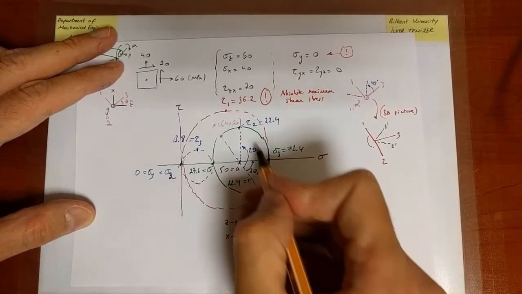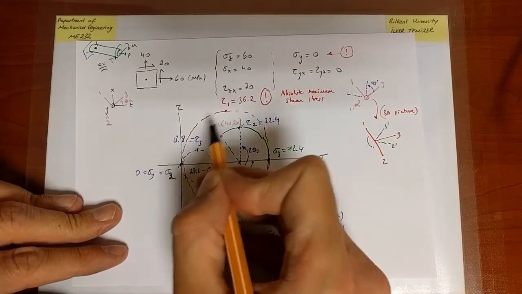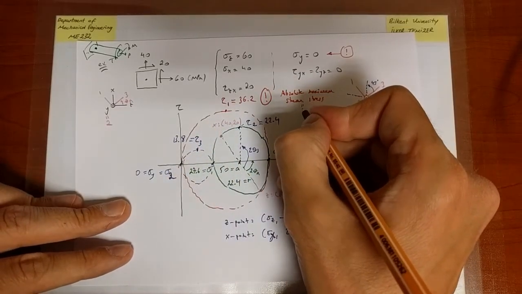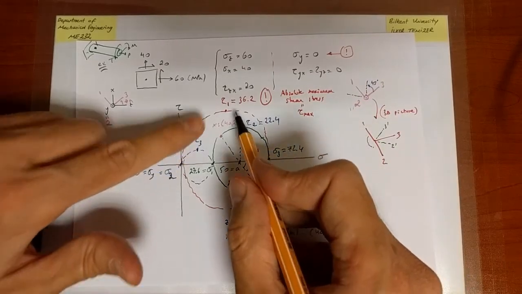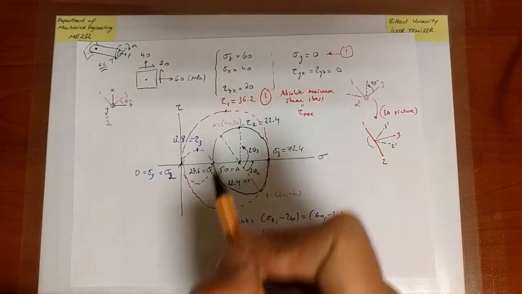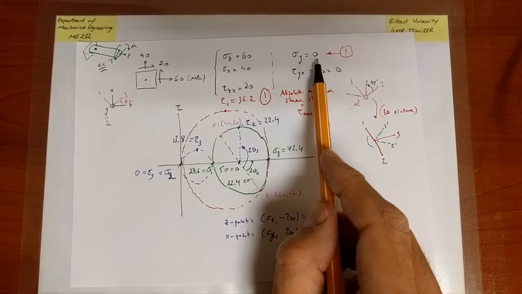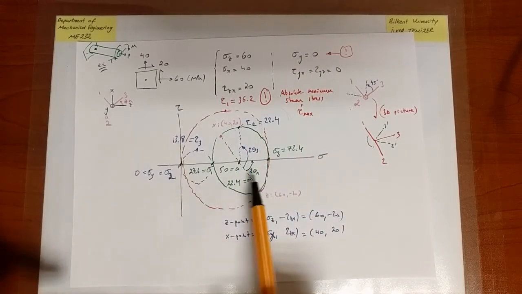So with respect to every rotation, there is an extremum or maximum value that we observe, but there is one that is the largest among those, and we call that tau max. So tau max is the maximum of all the taus, tau 1, tau 2, tau 3. In this case, it is equal to tau 1. So what we observe is that despite the fact that we might have a state of plane stress, we always have to draw all three Mohr circles.